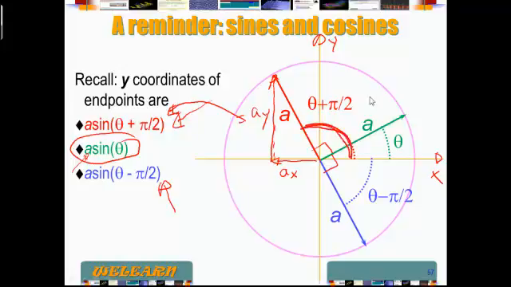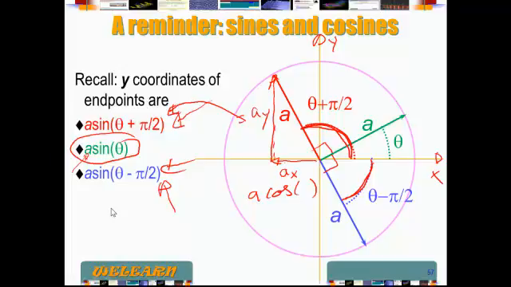In this case, it is theta plus pi over 2. The x component is going to be A cosine of that angle. So for this one, it's A times sine of that angle for the y component, and A cosine of that angle for the x component.